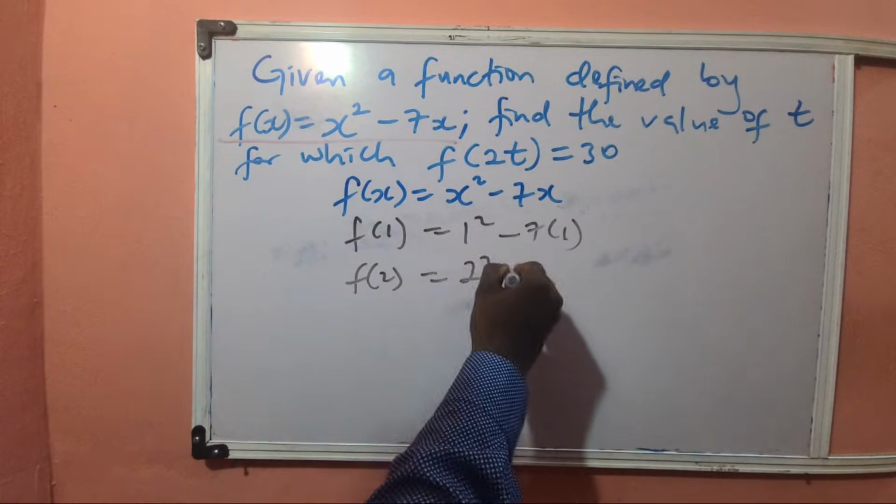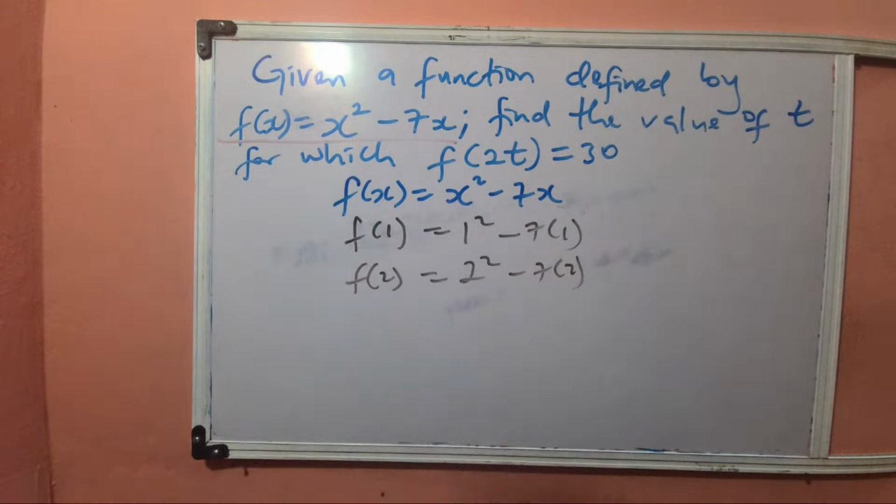That will be 2 squared minus 7 times 2. Now, paying attention to this, you are told to find the value of t. It's different now because you're not told to find f of 1 or f of 2. You're told to find the value of t for which f of 2t is equal to 30.